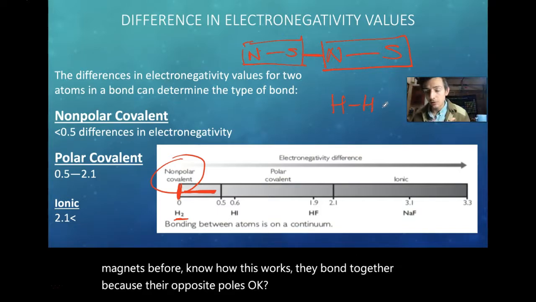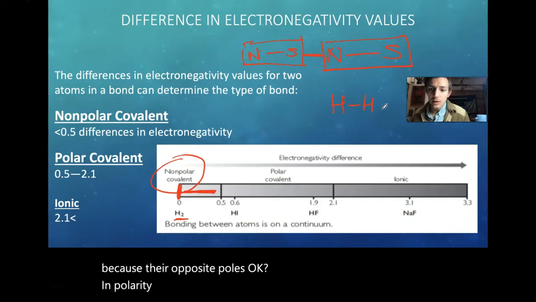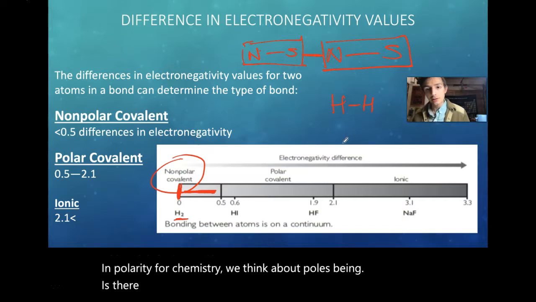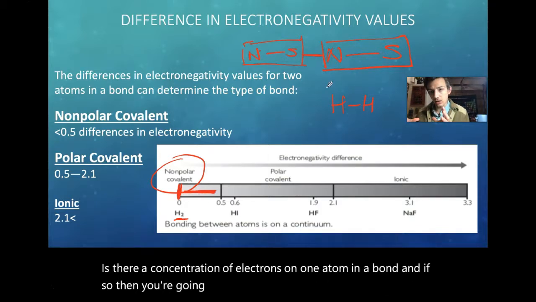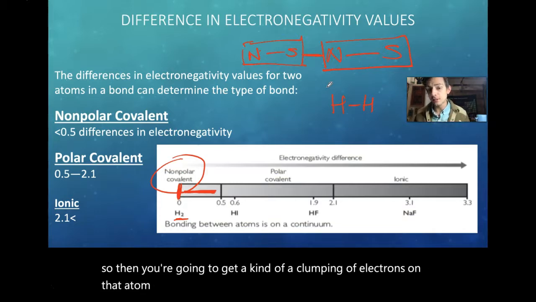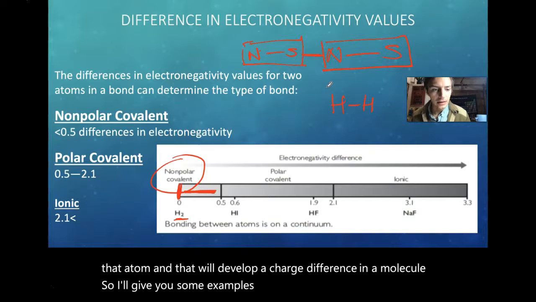Okay, in polarity for chemistry, we think about poles being, is there a concentration of electrons on one atom in a bond? And if so, then you're going to get a clumping of electrons on that atom, and that will develop a charge difference in a molecule. So I'll give you some examples of that in a moment, but that's the idea of the word polar there.